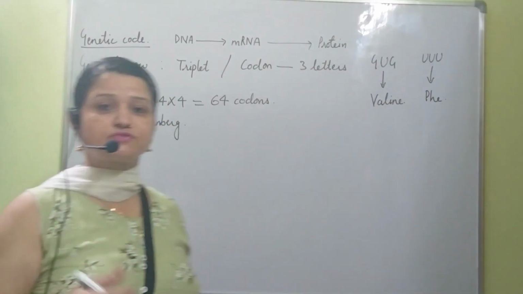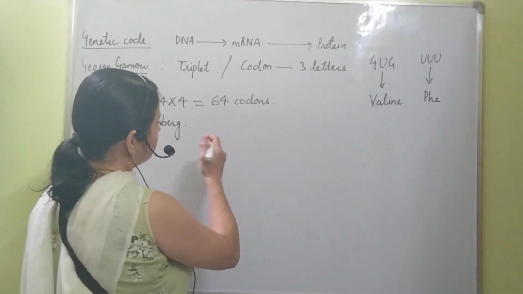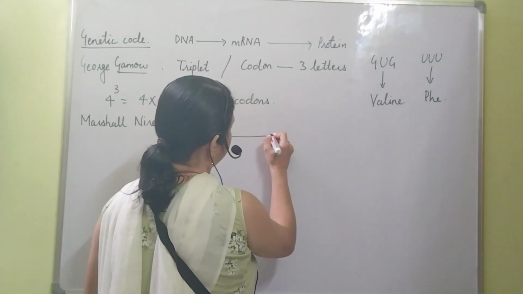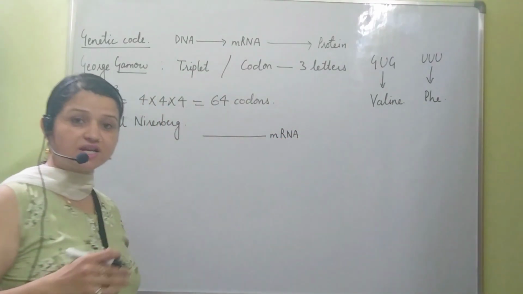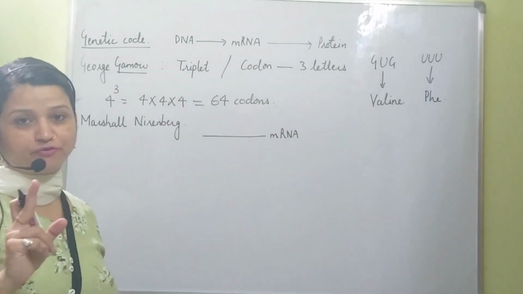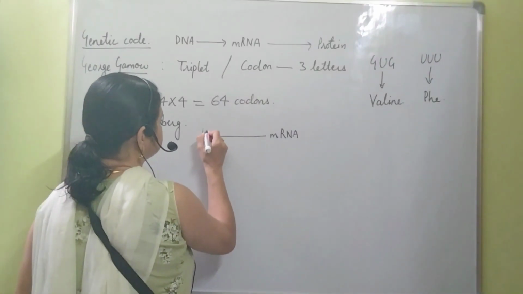Marshall Nierenberg is famous for his cell-free protein synthesis. What he did, he made a messenger RNA, and this messenger RNA contained only one type of nucleic acid, that is uridylic acid.